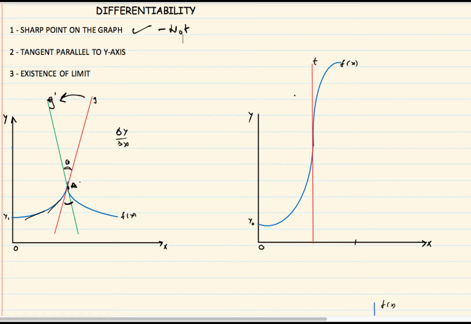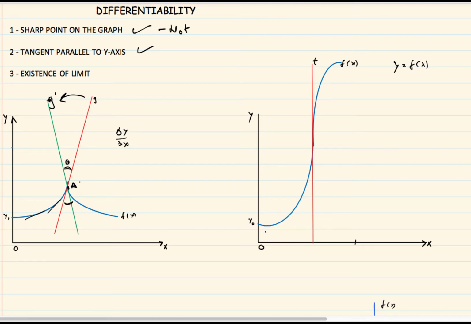Then we have the second thing. Another condition says the tangent is parallel to the y-axis. Imagine that you have a graph of a function f of x. It's along the y and x axes, and I think we already know that f of x is the same thing as y. So this function, as you can see, has this behavior. It's moving in that fashion.